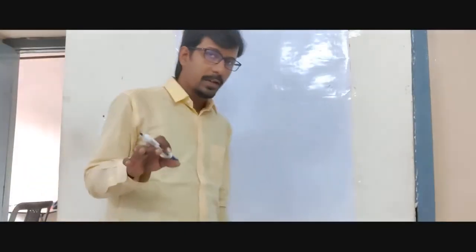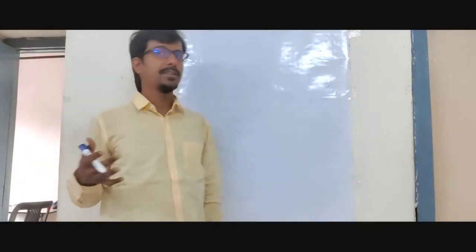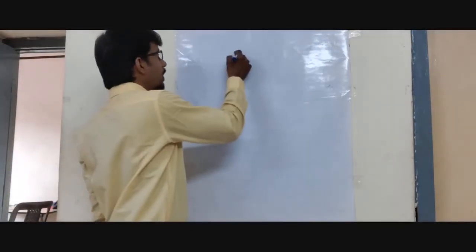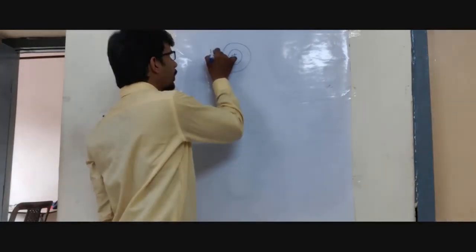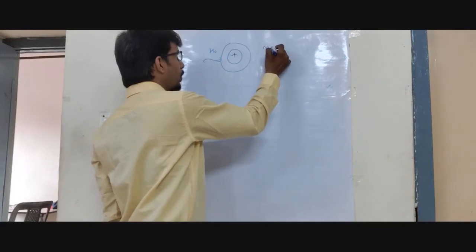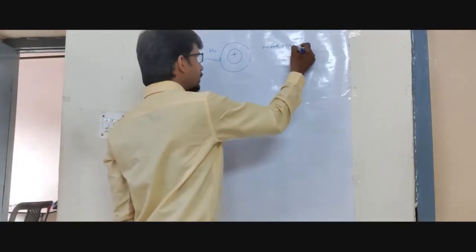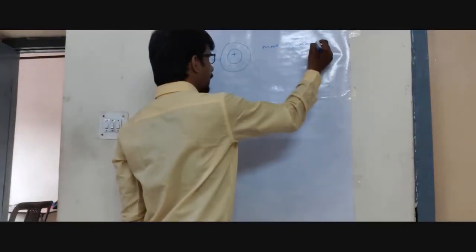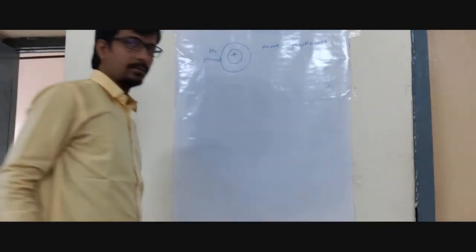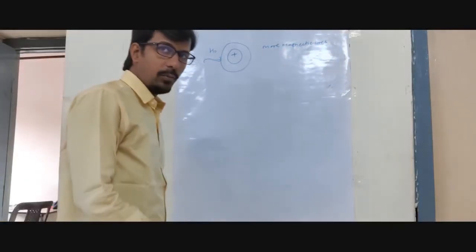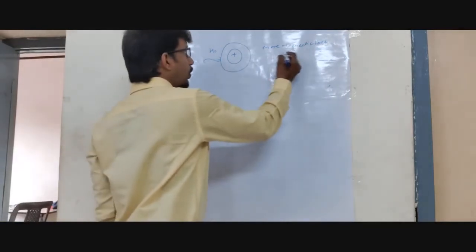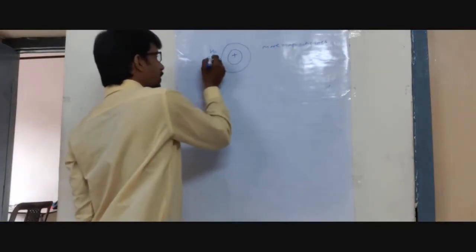So overall, what we understand is, as the magnetic field increases, if you take a nucleus and apply the magnetic field H naught, then more magnetic lines are going to be obtained. There will be more magnetic lines depending on H naught.